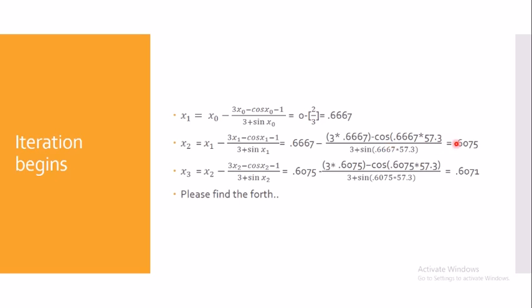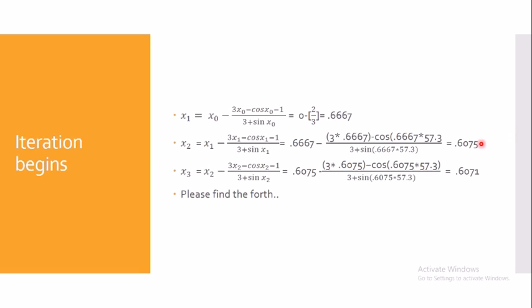That is divided by 3 plus, again you have a trigonometric term over here, so you will have to multiply it with 57.3, that is 0.6667 multiplied by 57.3, and finally your answer will be 0.6075 for x2. So the x2 that you get is 0.6075.